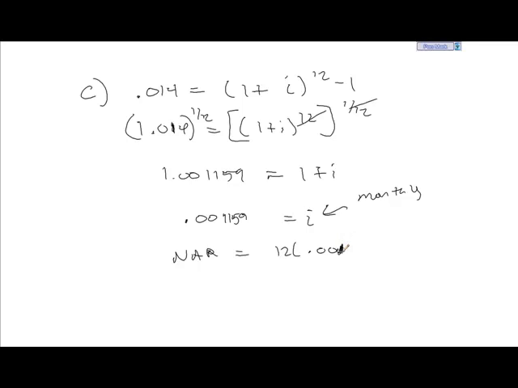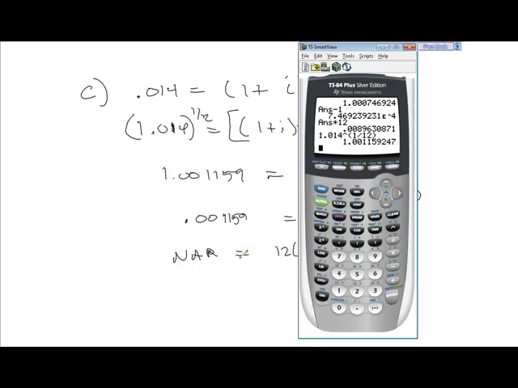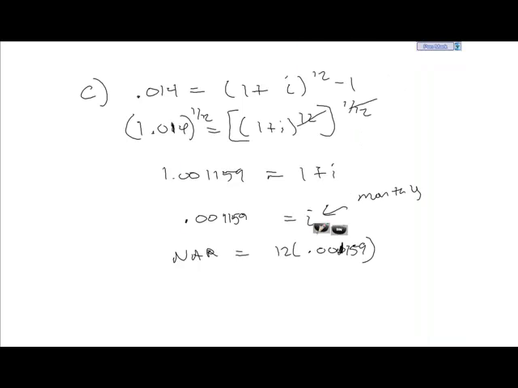It's just 2 zeros, 1159. And what do I get? I get 0.0139, which is 1.39%. So notice that we're yielding 1.4%, but we're actually only offered 1.39%.